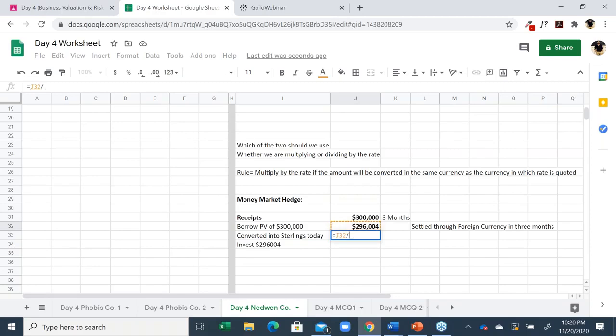This amount should be divided by 1.7822. So let's divide. If we convert these dollars into pound sterlings today, we will have 166,089, and now we don't have these dollars. Instead of this amount, we have our local currency in hand.